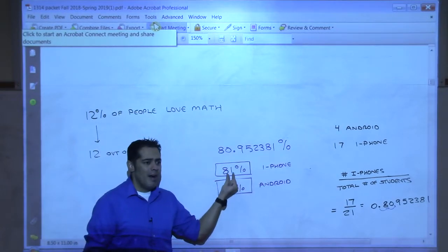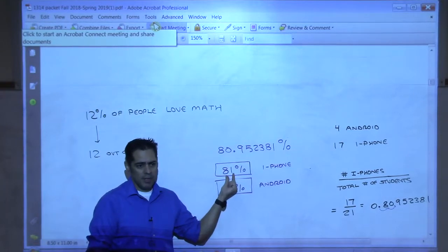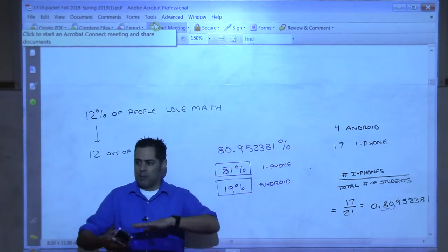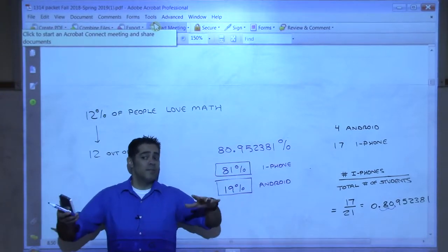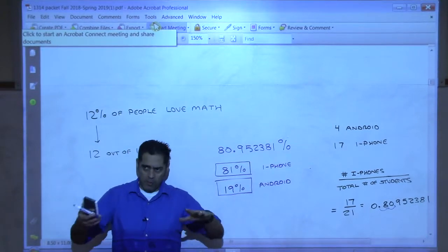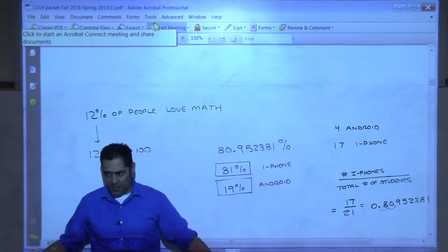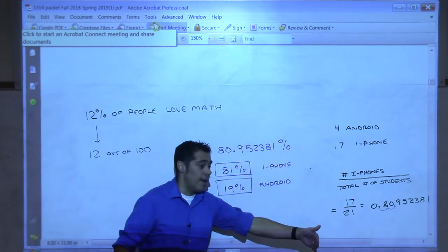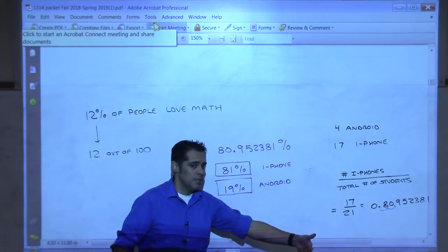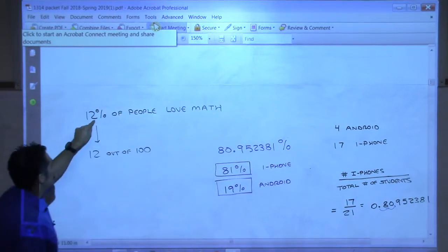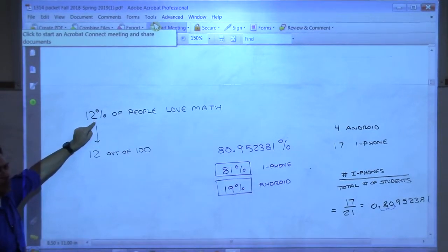This implies that if we were to take the proportion of people who have iPhones, then if there were 100 of us in here, 81 of them would have iPhones. So don't always look at this percent as meaning that the population is 100. Yes? Sure? Okay.